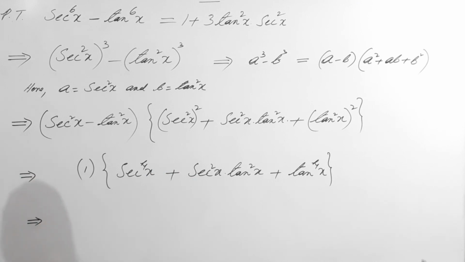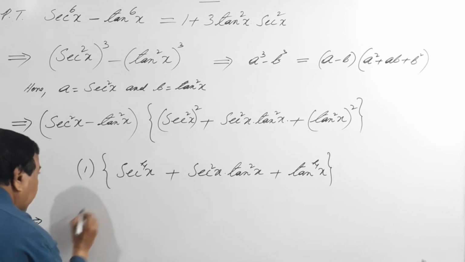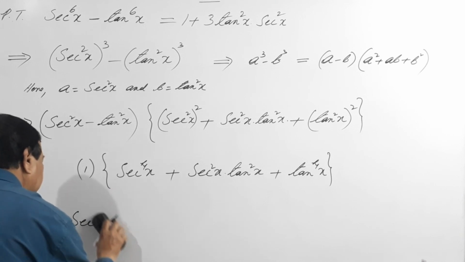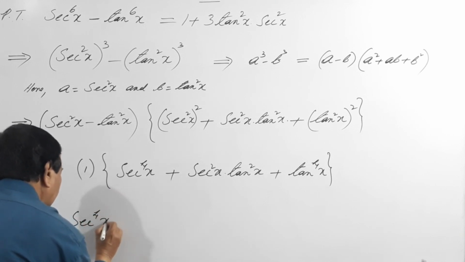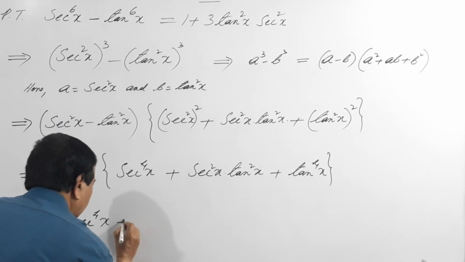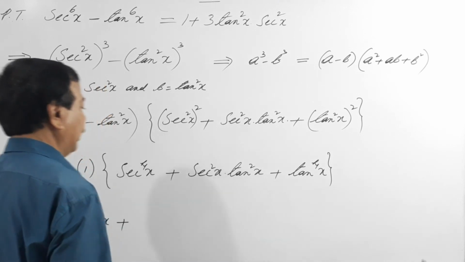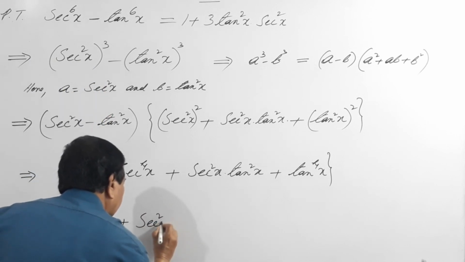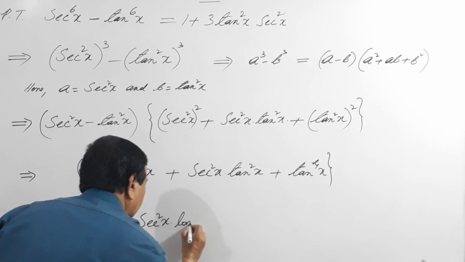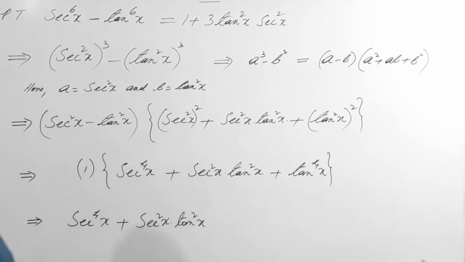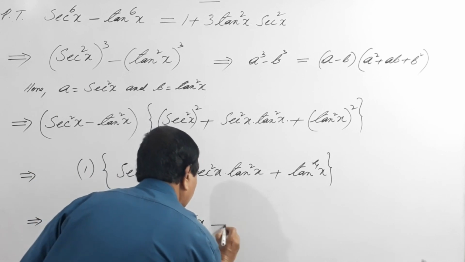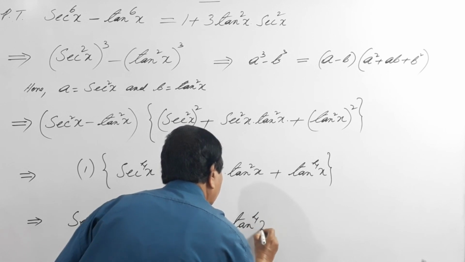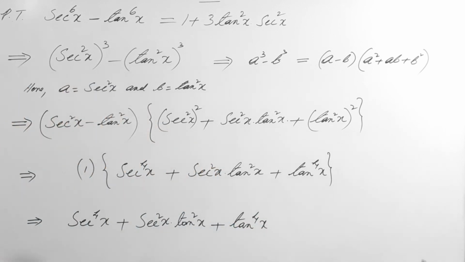Now that equals, I will remove the brackets, secant to the power of 4x plus secant square x into tan square x plus tan to the power of 4x.